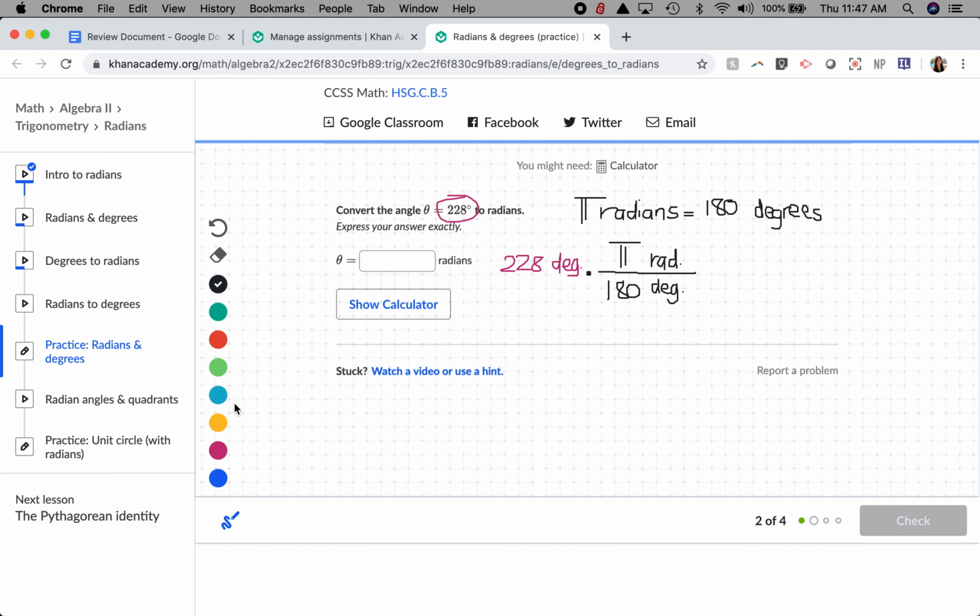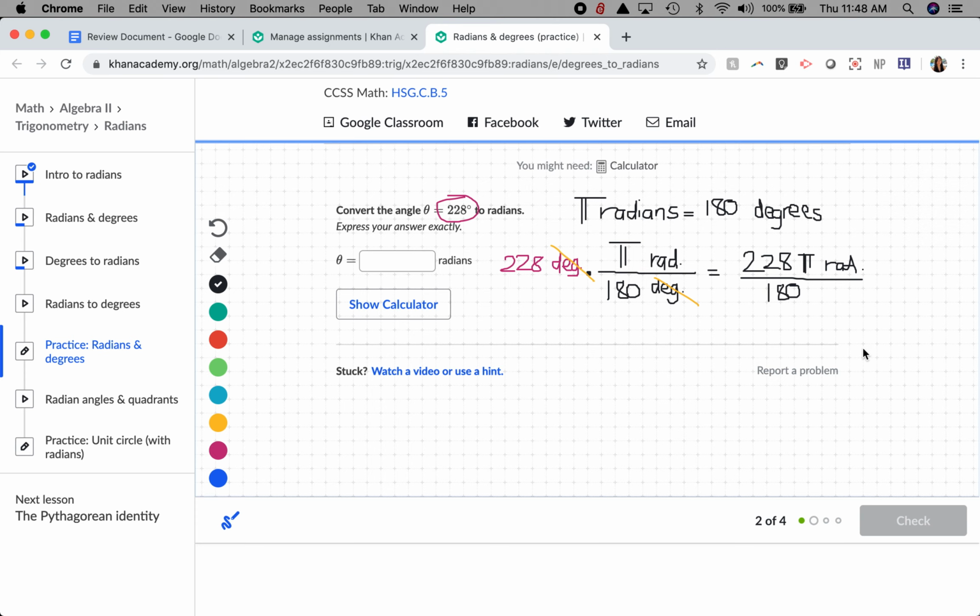All right. Well, you know that the degrees in the numerator and denominator will cancel out. And now all we have to do is simply multiply across. 228 times pi will simply give us 228 pi, don't forget your units, radians, over 180.